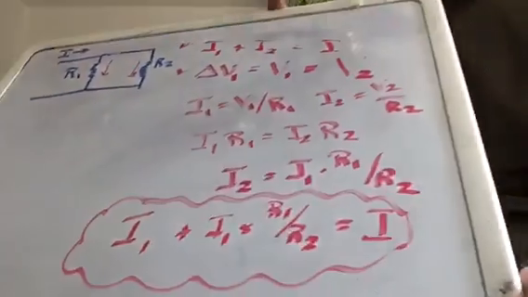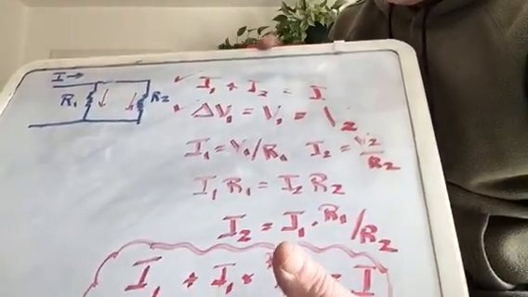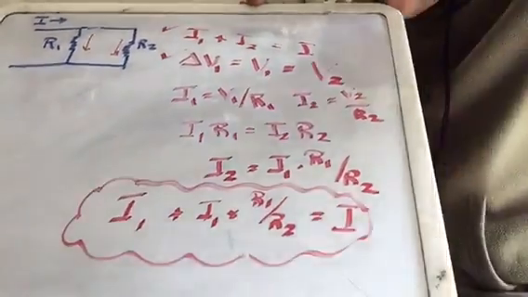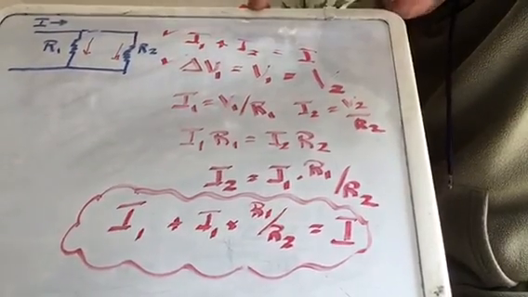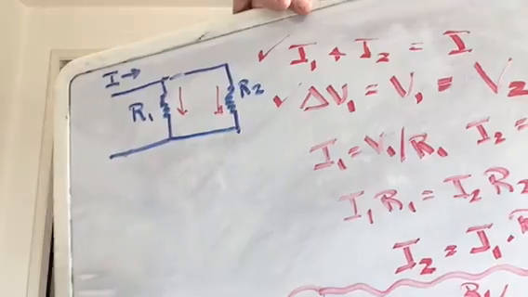We end up getting this relationship: I1 times this quantity over here is I2, and I1 plus I2 is going to be equal to the total I. That can be a useful relationship for problem solving if you have a current splitter and you're trying to figure out how the current is going to split.